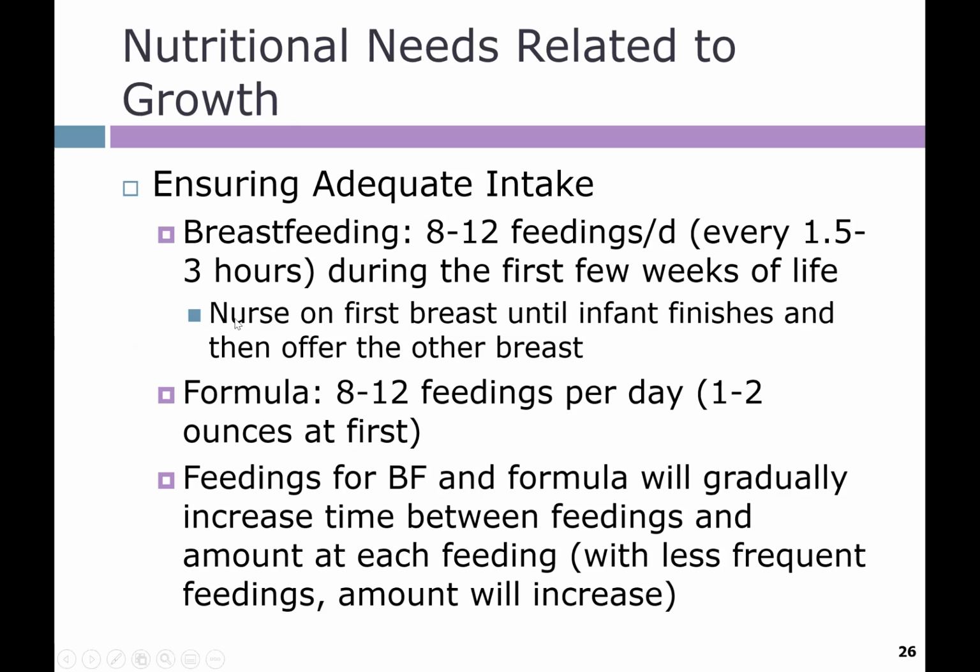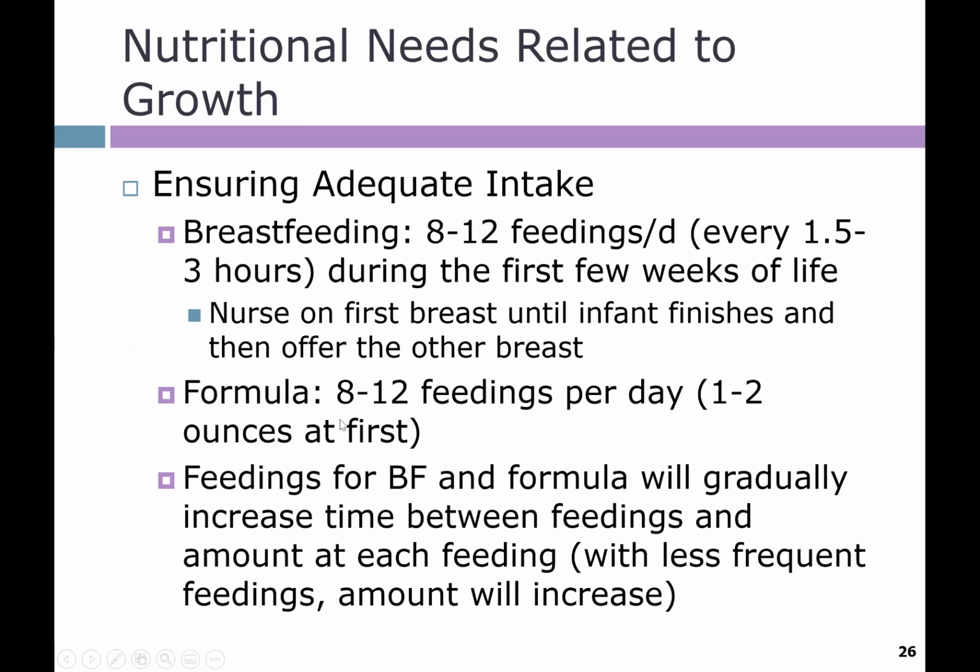It's important a mother nurses on the first breast first, finishes it, so empty that breast, and then offers the other breast if the baby is still hungry. And if they're not full at that time, then the breast that they didn't feed on at the first feeding should be offered first at the next feeding to make sure that side gets adequately drained as well.